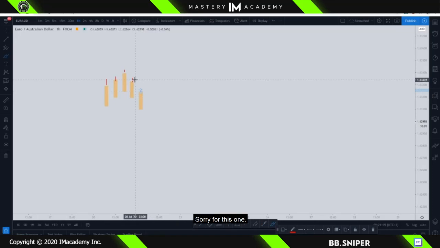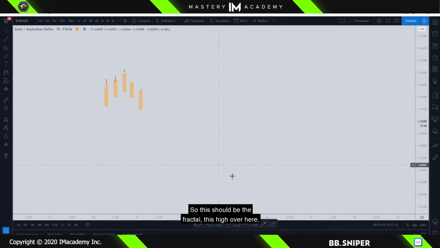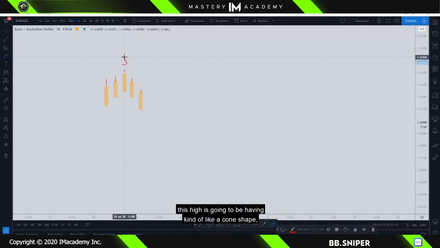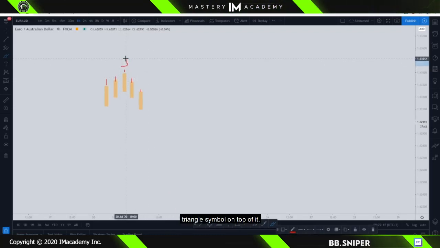Sorry for this one. So this should be the fractal. This high over here is the fractal. Now when we go on the charts, this high is going to have a kind of cone-shaped triangle symbol on top of it. That means that's a fractal.